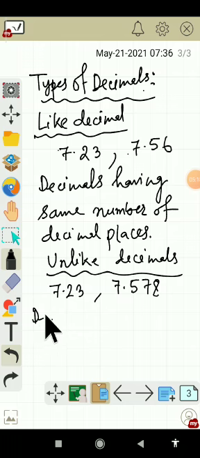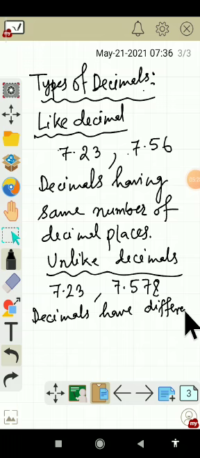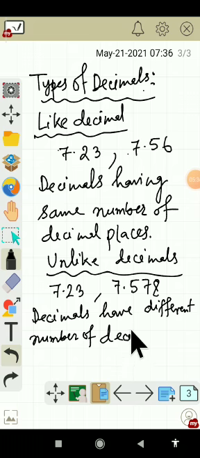That means decimals having a different number of decimal places. Here we have two decimal places, here we have three decimal places. So this is called unlike decimals.